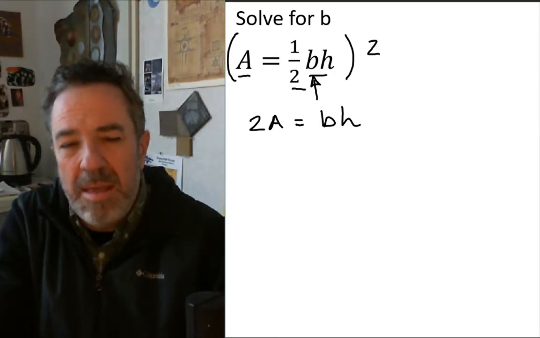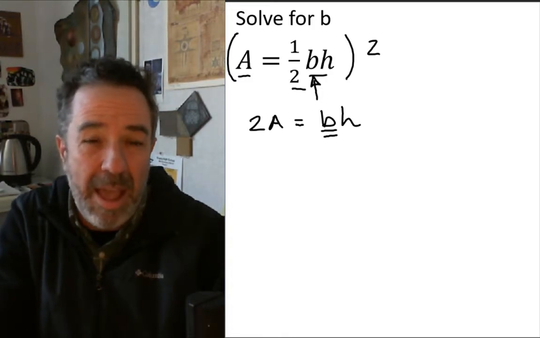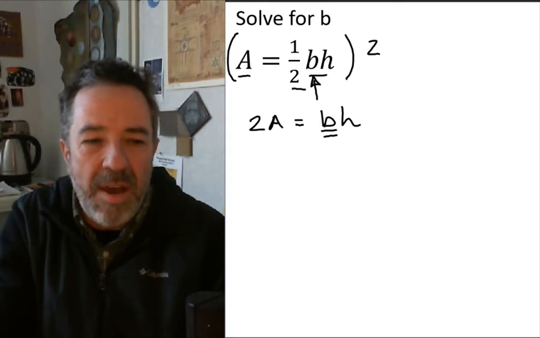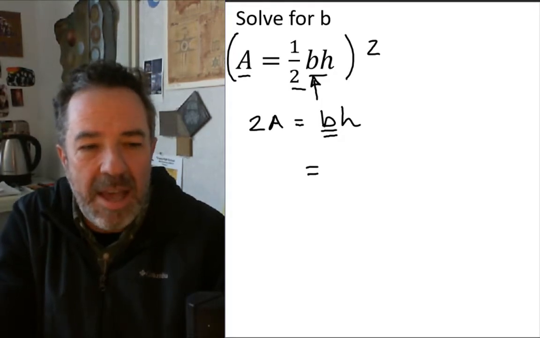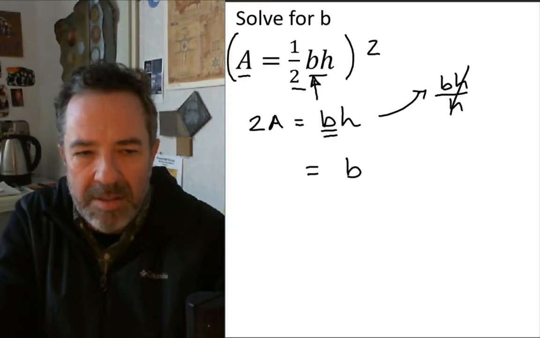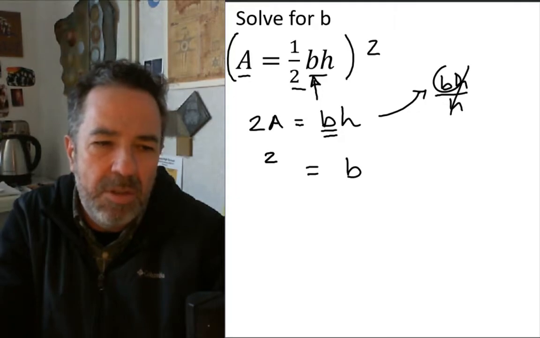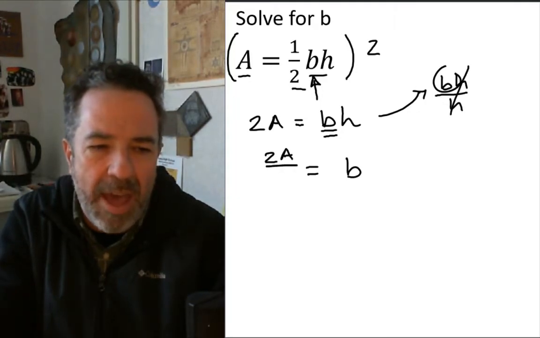Now, because I'm trying to get b alone, I'm just going to divide both sides by h. When I divide the right-hand side by h, it's going to give me just b, right? In other words, if I have b times h over h, this is a giant 1 and I'm left with just b. And over on the right-hand side, I would have 2 times a, and all of that is divided by h.